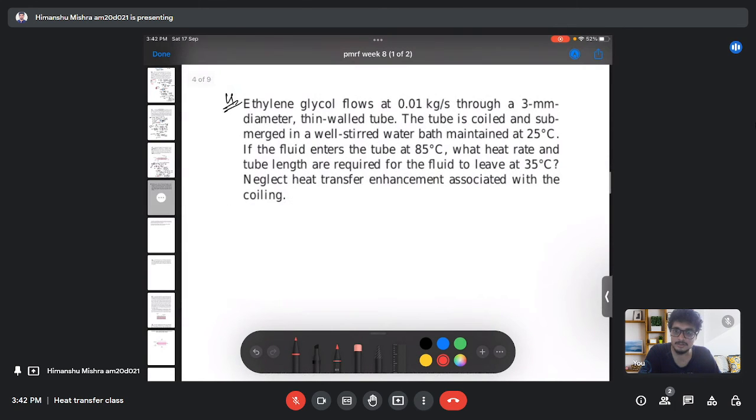So let's move to question 4. This is a question which I could not solve last week, and I will now. Basically, this question is related to internal flows, forced convection.